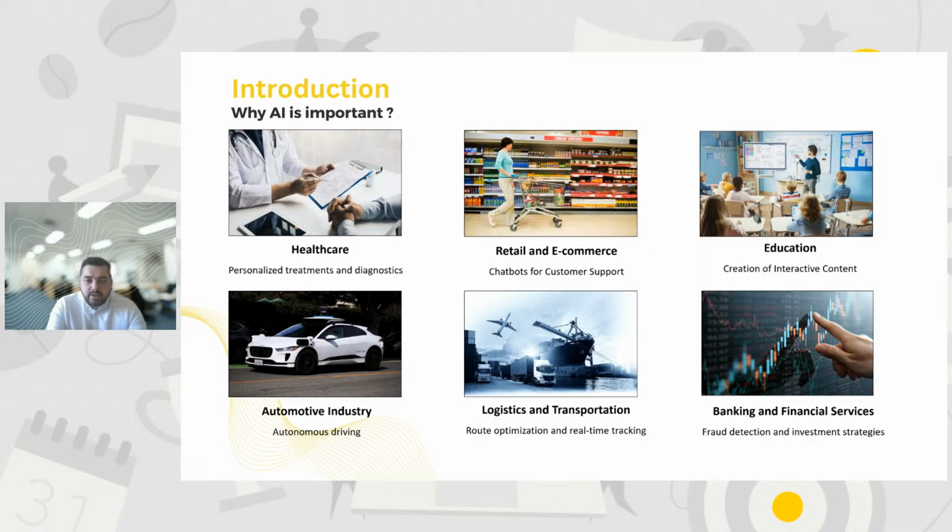And in the end, other examples are banking and financial services, which can help us detect fraud and investment strategies, with behaviors that are patterns of fraud activities. The AI can generate some warnings that allow us to understand that we have a big risk of facing a dangerous situation.